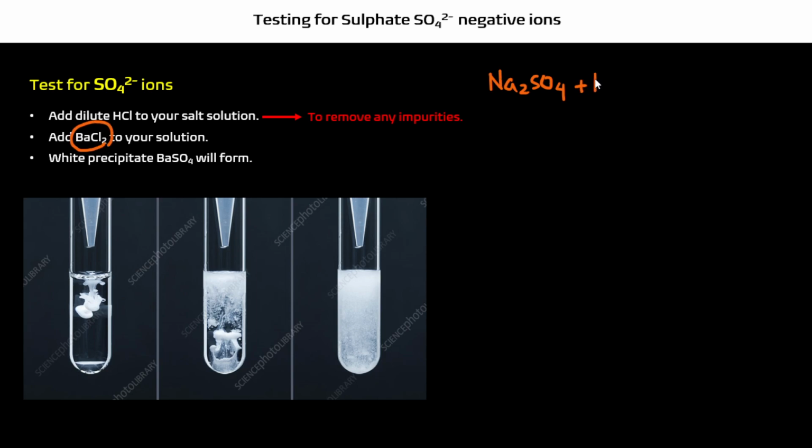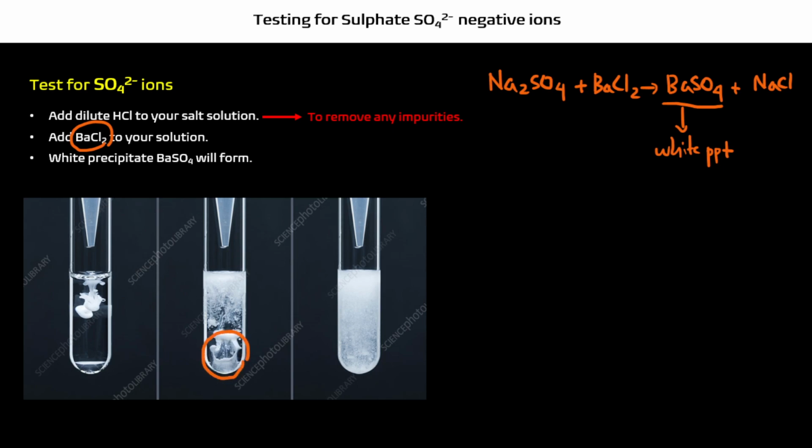So if we add barium chloride to sodium sulfate, we form barium sulfate and sodium chloride. And barium sulfate is insoluble in water and it will form a white precipitate, which will look like this.